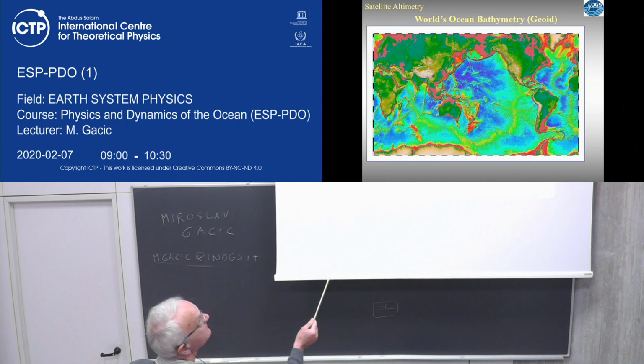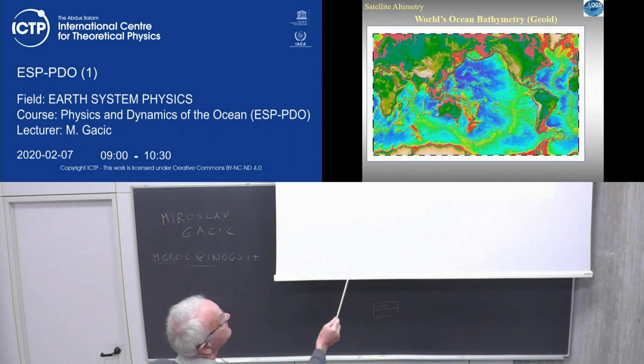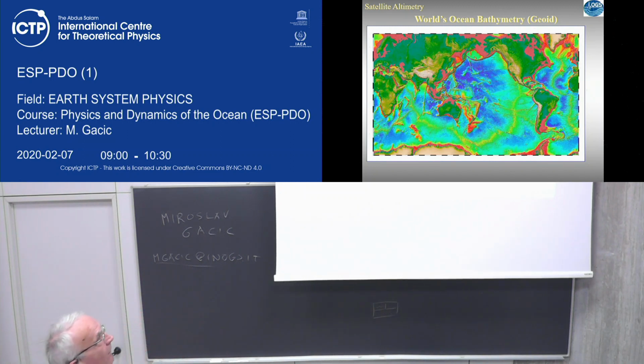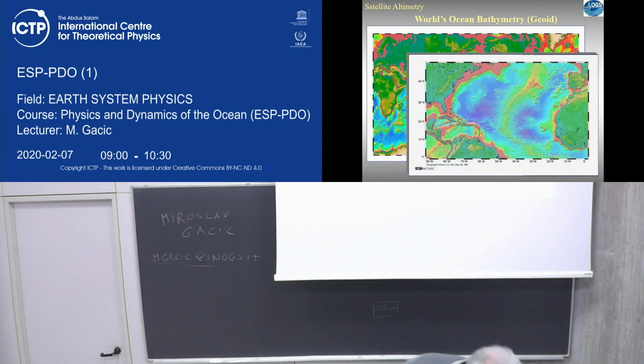There are a number of these shelf areas, but the largest part of the world ocean is occupied by the rather deep zone, which reflects the graph we have seen before, that the major part of the world ocean is around 5,000 meters, 5 kilometers deep.